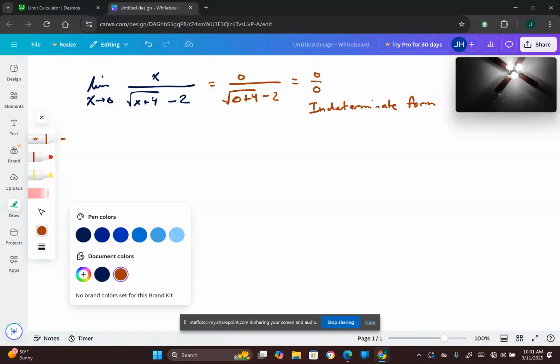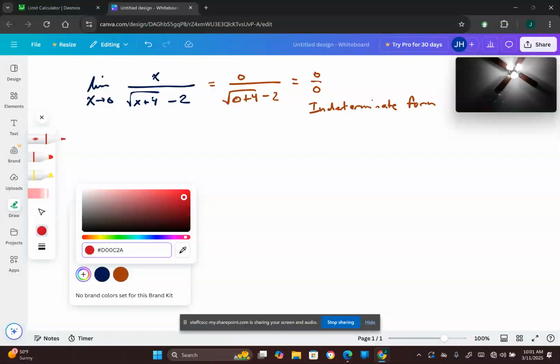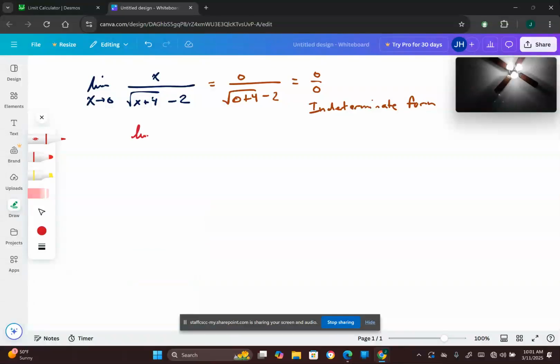So what we're going to do here now is we're going to take two limits. We're going to take the limit as x approaches 0 from the left of this function, x over radical x plus 4 minus 2.